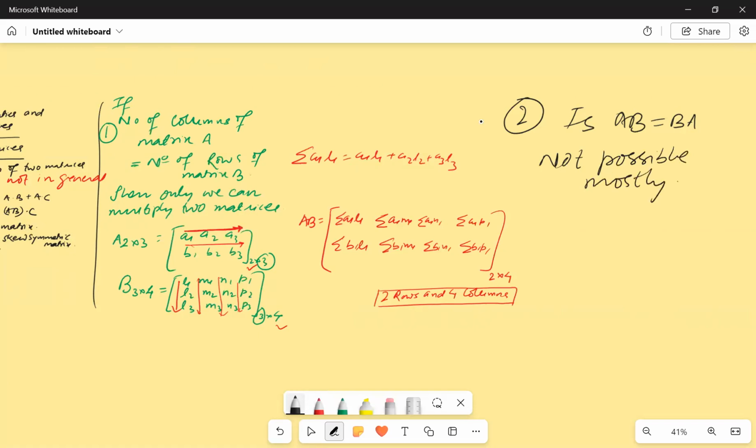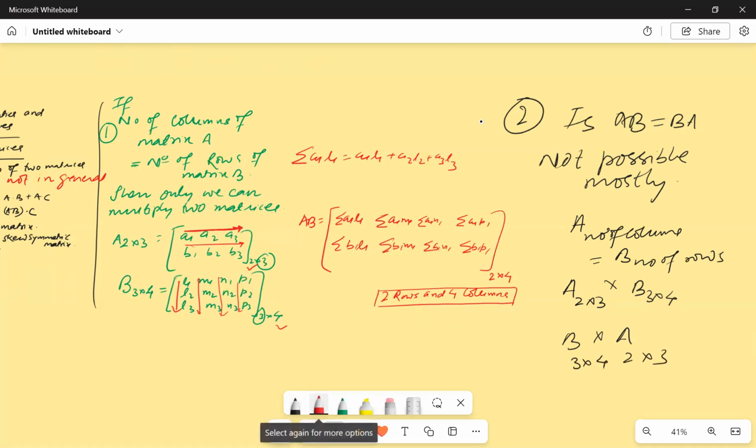Why? See, the condition of multiplication is that A's number of columns is equal to B's number of rows. So if A is, say, 2 into 3 and B is 3 into 4, then when you multiply B into A, that is 3 into 4 and 2 into 3, these two are mismatched, not satisfying the condition. So in general, it is not possible.